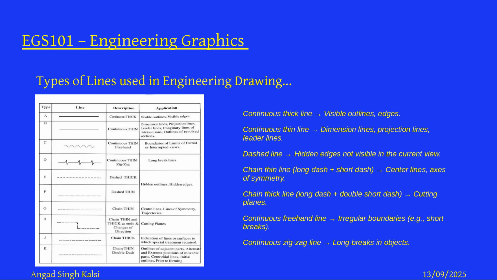Dashed lines represent hidden parts that are not seen in the view. The long-short chain thin line shows centers or symmetry, and the chain thick line marks cutting planes. Freehand continuous lines show short irregular breaks, and the zigzag lines indicate long breaks in the objects.